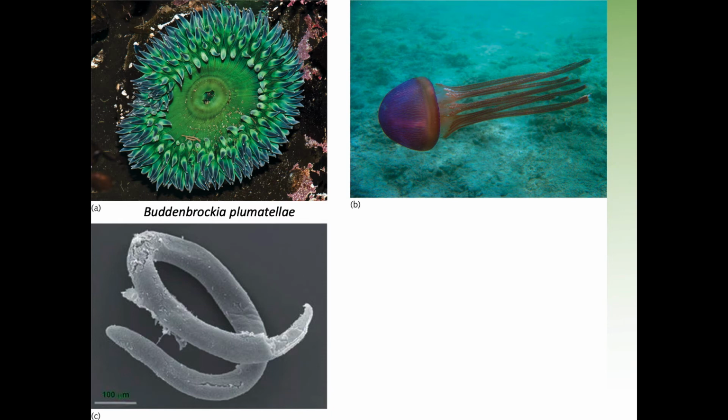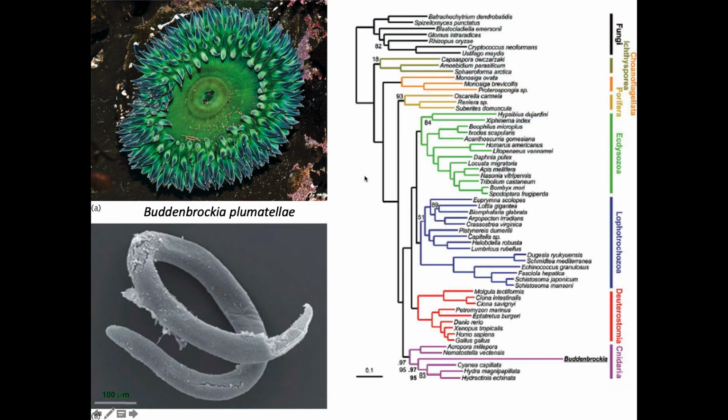But if I were to show you a picture of these three organisms, and ask you which ones are closely related to each other, you would see a jellyfish, a sea anemone, and this kind of worm-looking thing, and you would probably say, well, the top two. Well, this Buddenbrockia, even despite the fact that it looks like a worm, like a C. elegans or something like that, is actually nested within the Cnidaria, right?